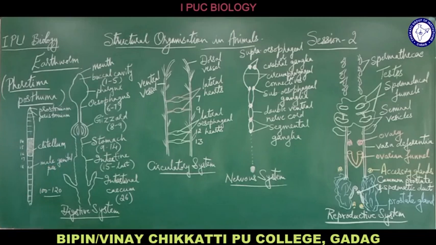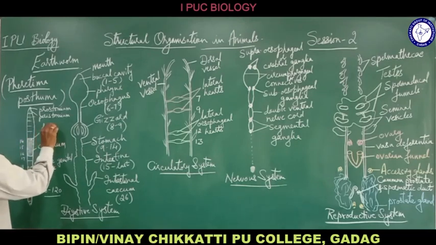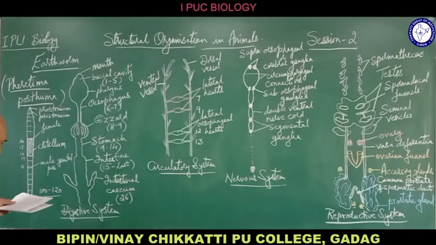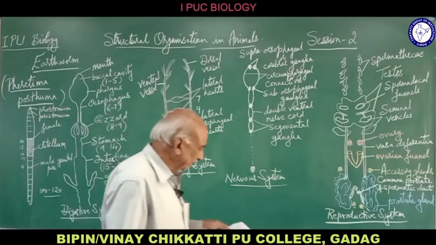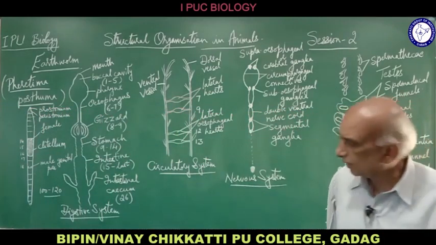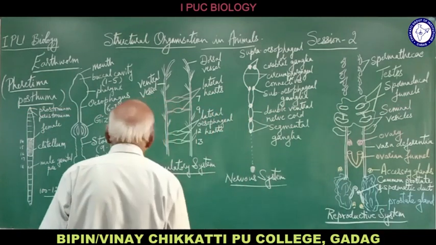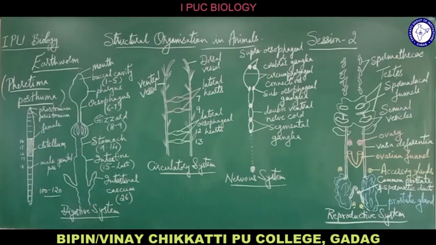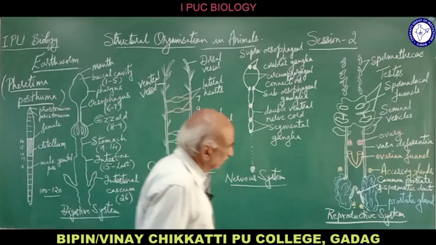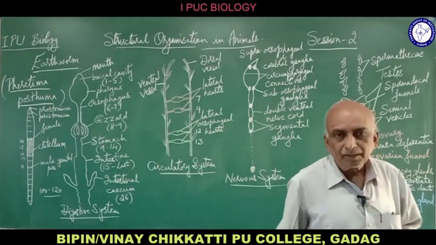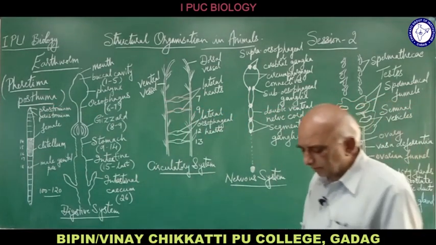And in the 14th segment there is one female pore on the ventral side. So this is the female genital pore present on the 14th segment on the ventral side. On the 18th segment you will find the male genital pores which open there. So that is about the morphology of the earthworm.